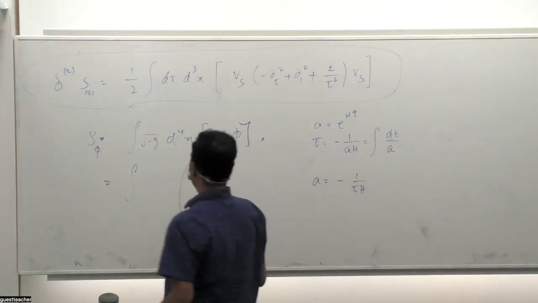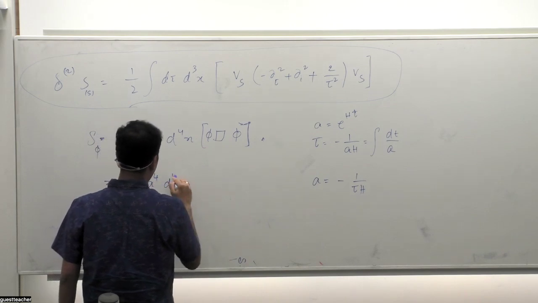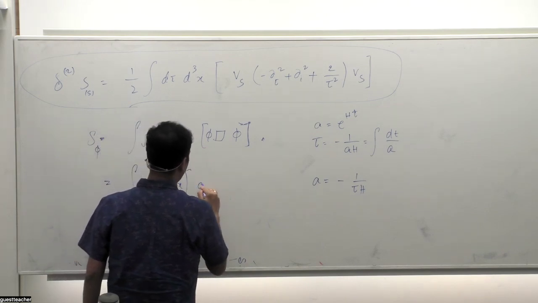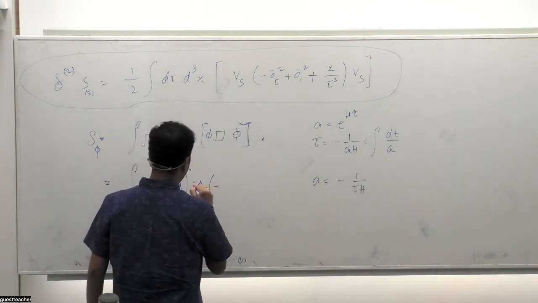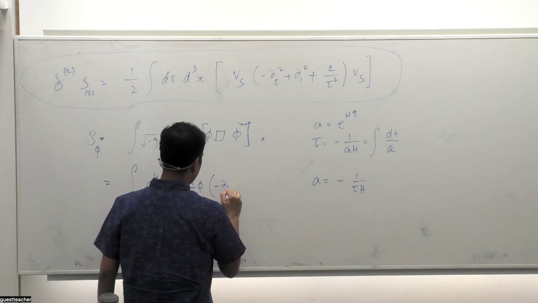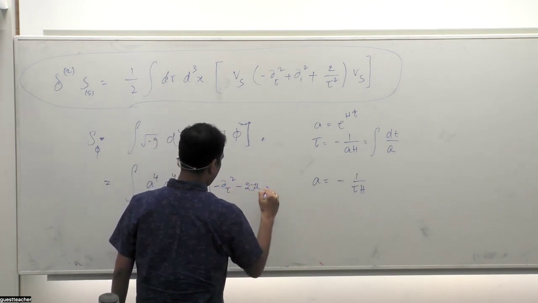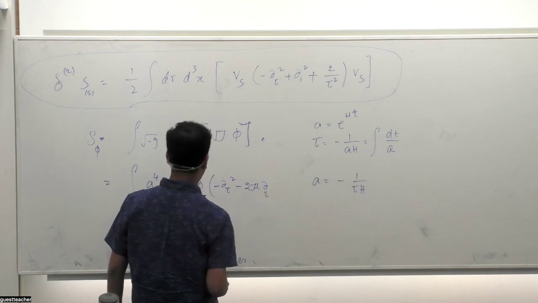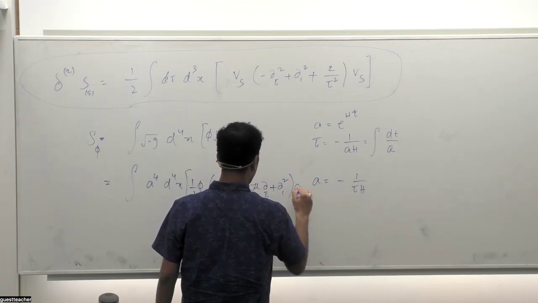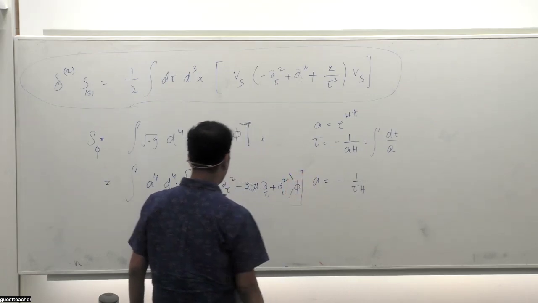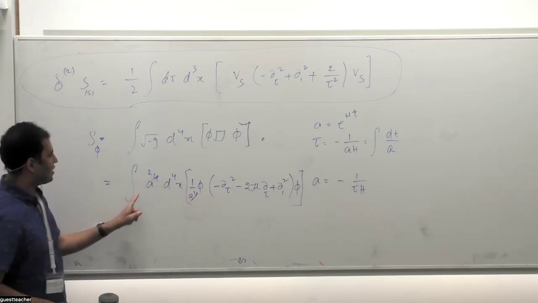Now you write a to the power 4 d4x and write the box operator in conformal time. It is 1 over a squared, d tau squared minus 2 curly H d tau plus del i squared, acting on phi, like this. So a squared cancels.